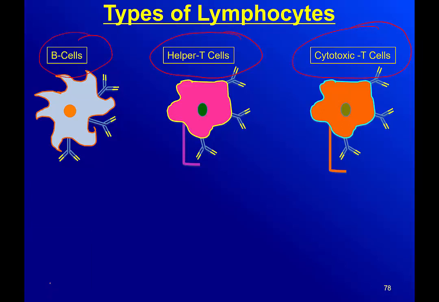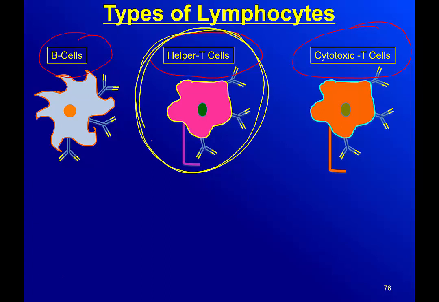Each one of these cells has a specific job, but everything in adaptive immunity hinges on this helper T cell. This is the guy that gets everything started.